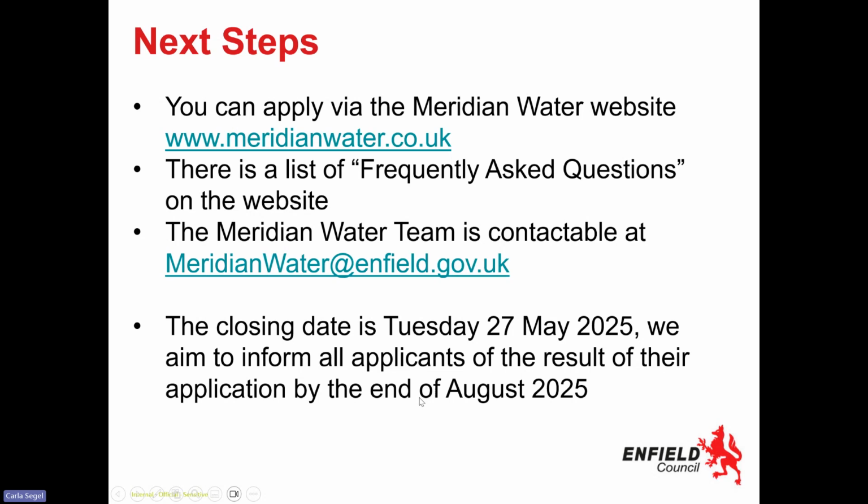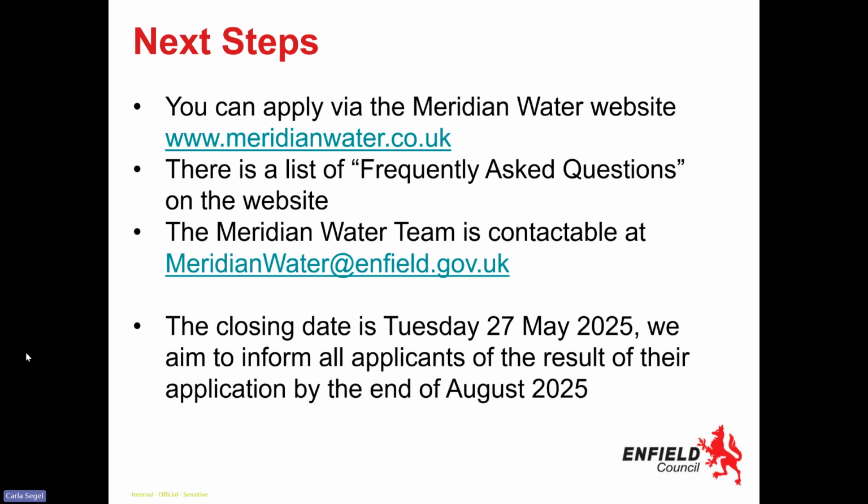And we aim to inform everybody by the end of August. And then in early September, we'll be liaising with you to get the grant application signed, the terms and conditions signed, and the money awarded. All projects must complete, all monies must be spent by the end of March 2026.